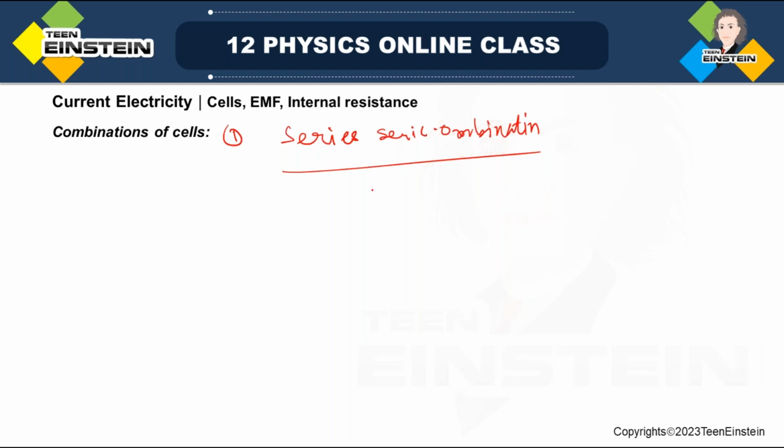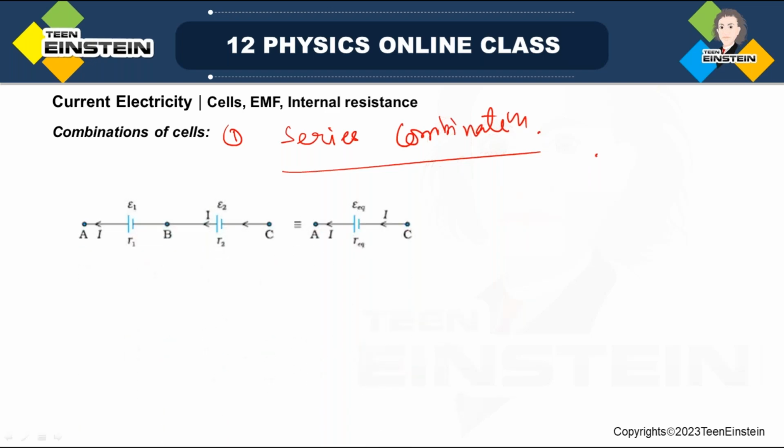First we will discuss the series combination of cells. Just like resistors, you can arrange them back to back like this.